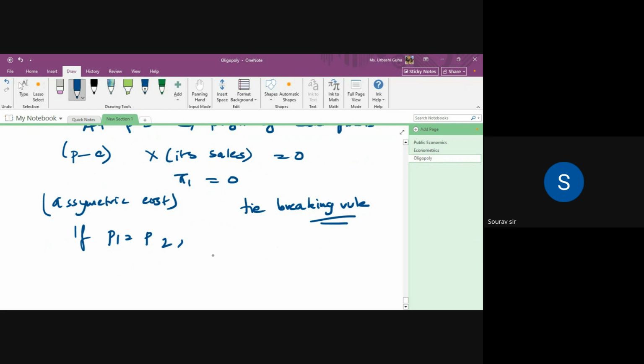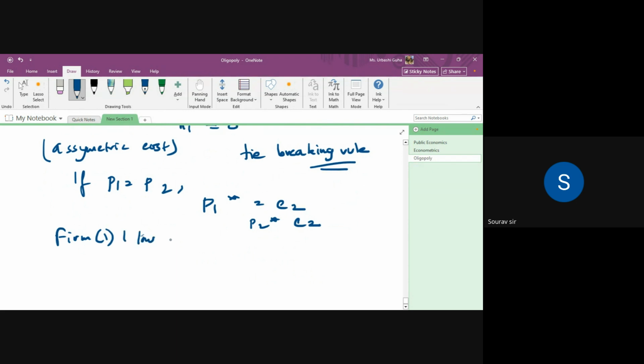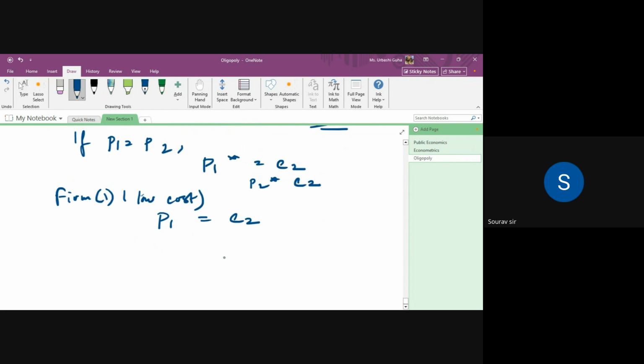That is, P1 star is equal to C2 and P2 star is equal to C2. Correct? So firm 1 has the low cost, at P1 equal to C2 it captures the whole market under efficient tie-breaking, and it earns a positive margin. What do we call a positive margin? That is C2 minus C1 greater than 0.